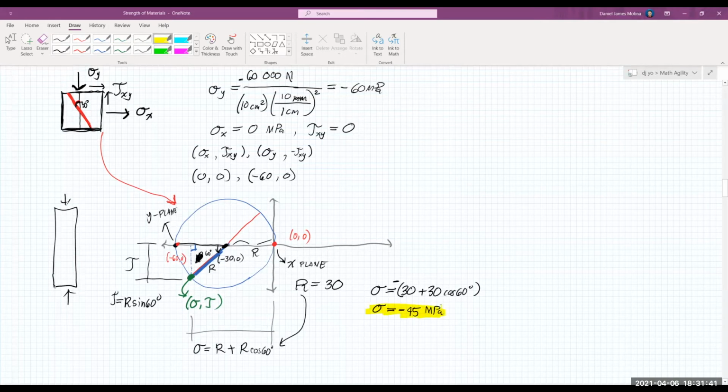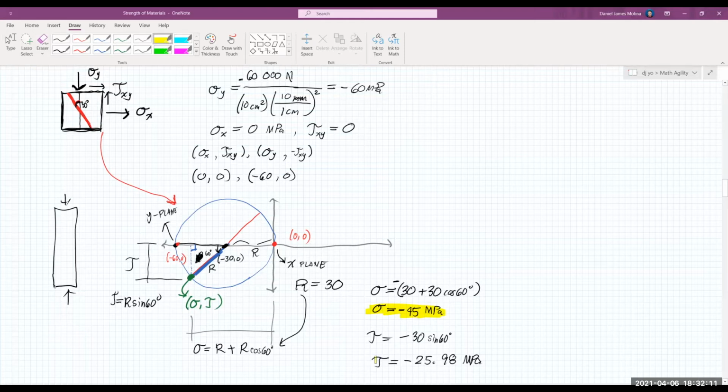Okay, and then next we have the shear stress, that is also negative, since it's below the horizontal coordinate axis at the Mohr circle. Okay, so we have negative 30 sine of 60 degrees. So the shear stress is approximately equal to negative 25.98 megapascals.